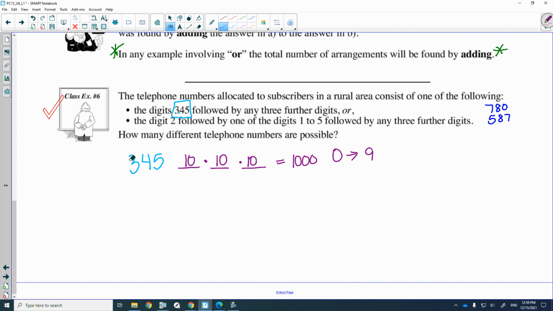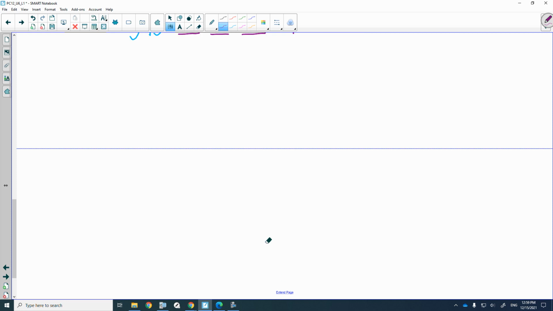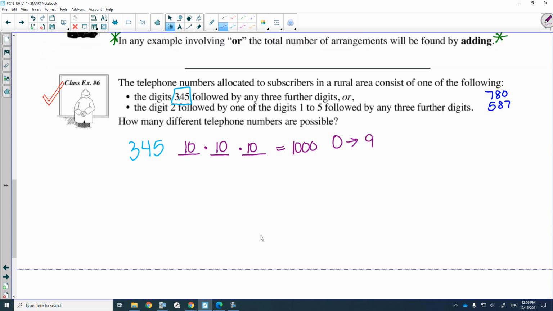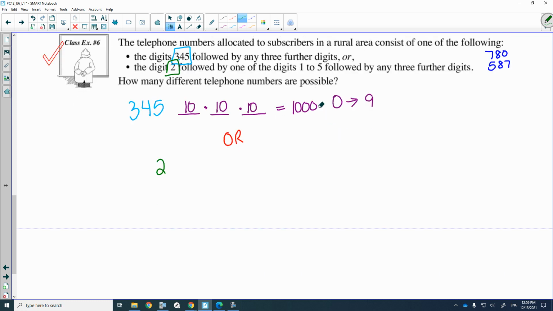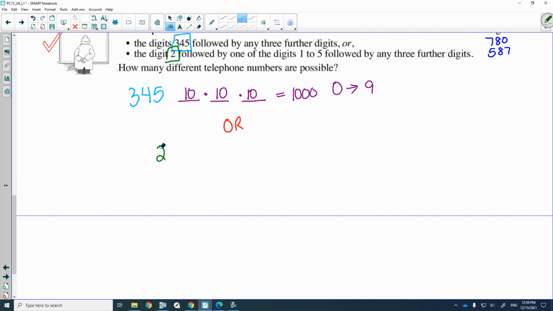Okay, so you might get that option, or some people will move in and they'll just randomly assign you your area code. It's going to be 2, so that's what you start with, followed by one of the digits 1 to 5. So after 2, you're going to have a digit from 1 to 5, so that's the restriction that they give us. There are 5 numbers that they could choose from, right?